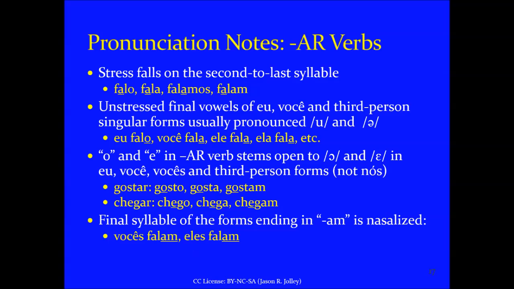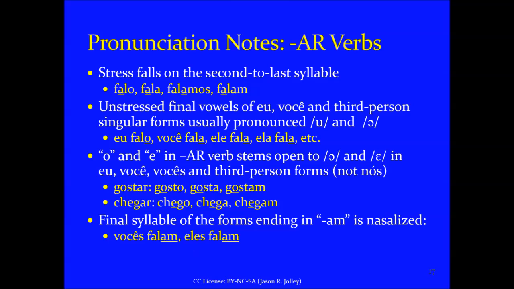Also with AR verbs whose final stem vowels, now think this through, the final vowel in the stem are either e or o, those sounds actually open to é and ó in the eu, você, vocês, and third person singular and plural forms. Now you'll probably need to rewind that.